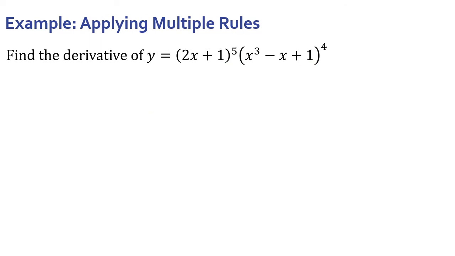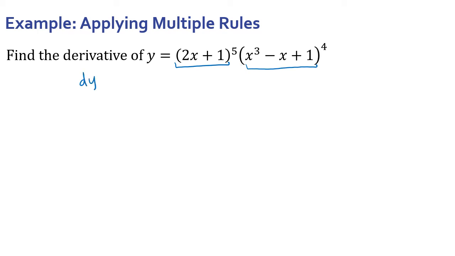So let's look at an example where we have to apply multiple rules. Find the derivative of y equals the quantity 2x plus 1 to the 5th power times the quantity x cubed minus x plus 1 to the 4th power. So we can see here we have two functions basically that I'm multiplying together. So we will first start by using the product rule.